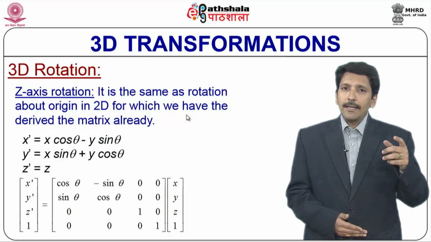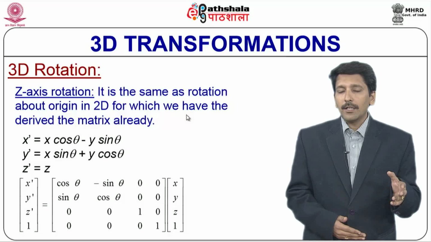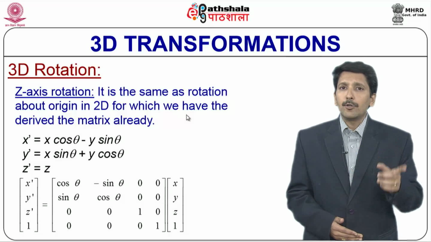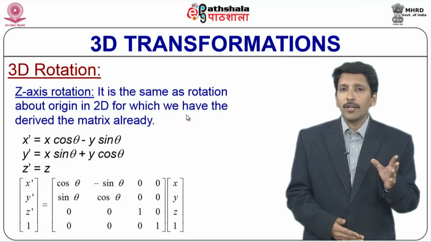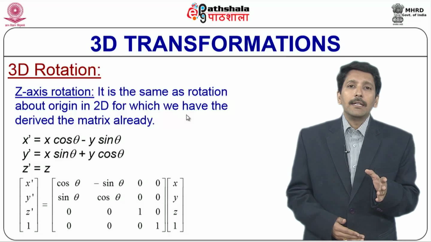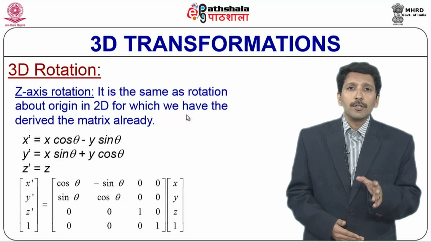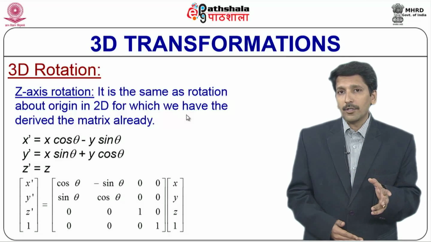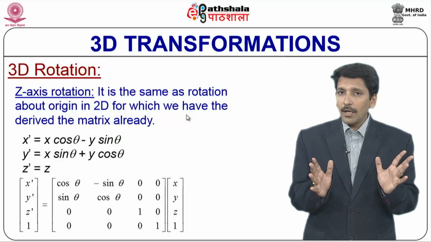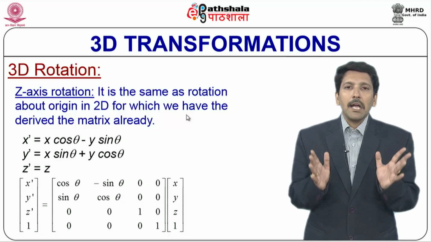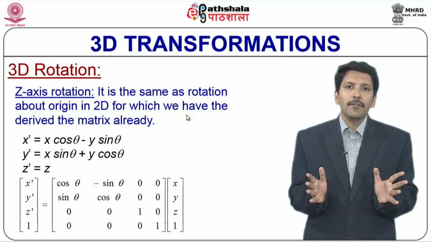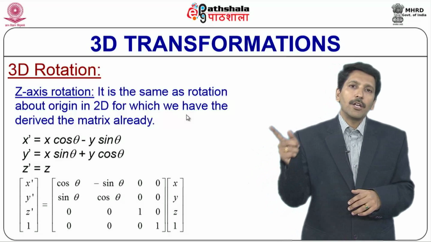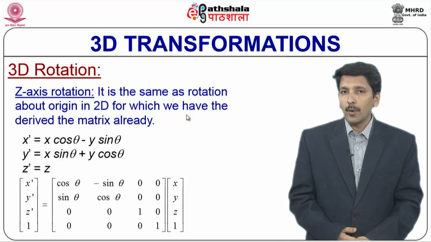The 3D rotation about z axis is exactly similar to rotation in 2D with respect to origin. Let me repeat this: z axis rotation in 3D is exactly similar to rotation in 2D about origin.